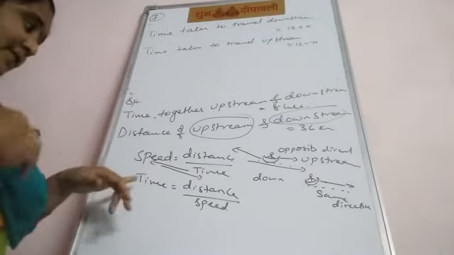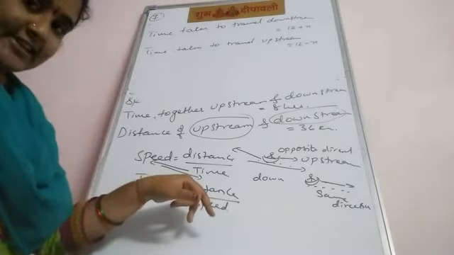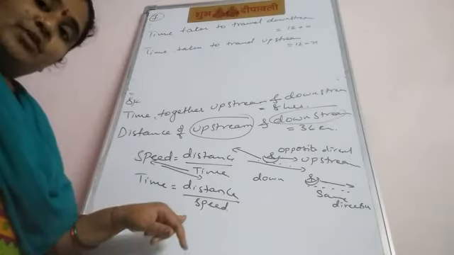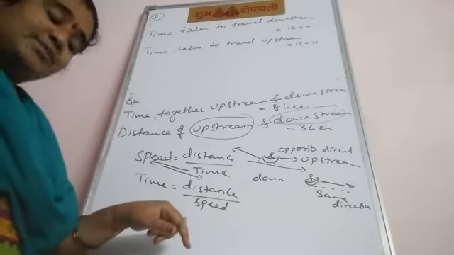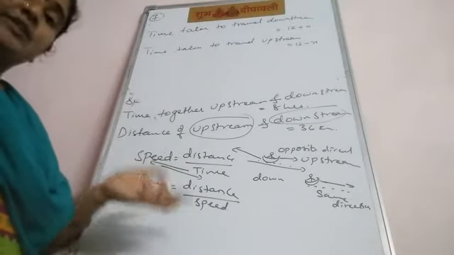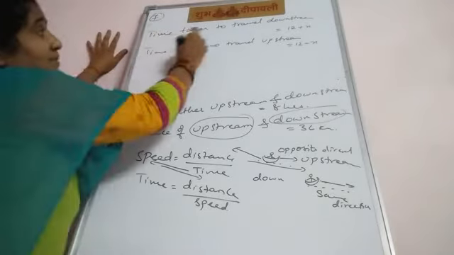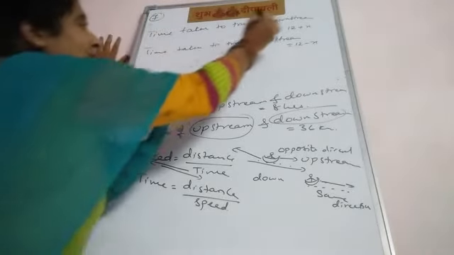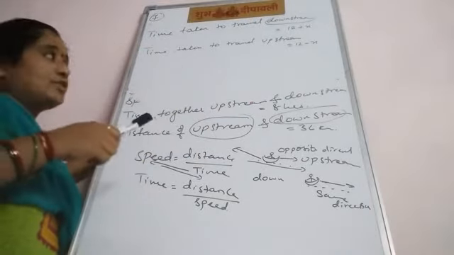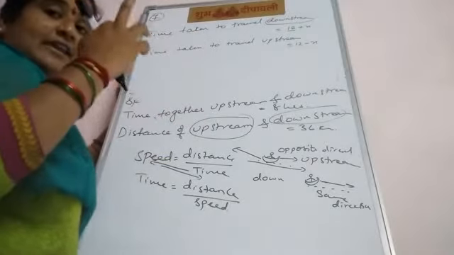Students, now we have written the formula here: time equals distance upon speed. Distance is 36 km and speed is the speed of the boat in still water and the speed of the current water, when it is downstream and upstream. See here, time taken to travel downstream. Whenever we are discussing downstream, you need to see the water level also, still and current.